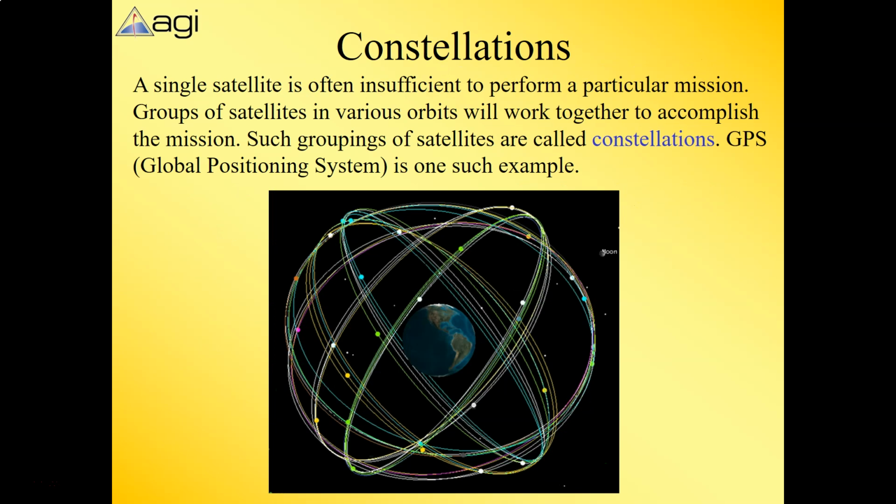Think about constellations. A single satellite isn't as useful as having multiple ones that do the same thing and coordinate with it. GPS systems, Starlink. Think about the complexity of these orbits, their inclinations, their right ascensions of ascending node, their argument of perigee.